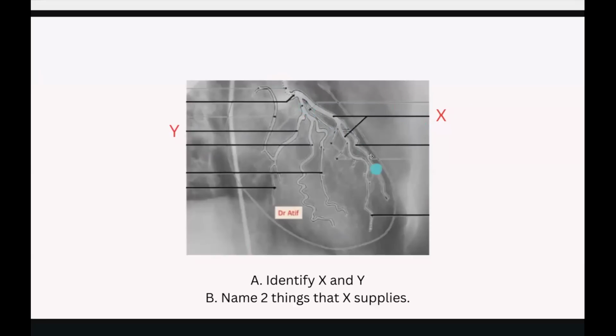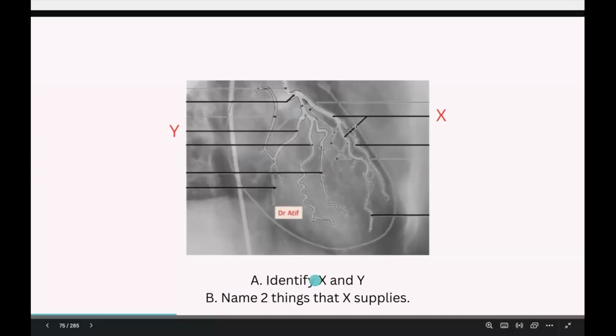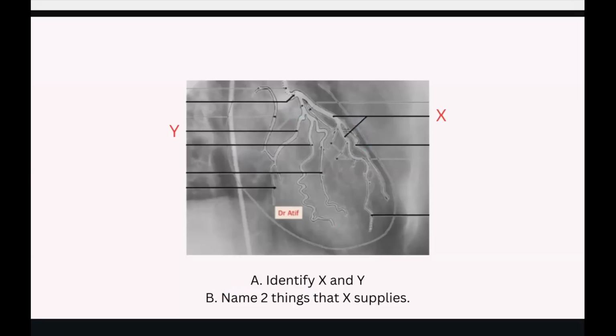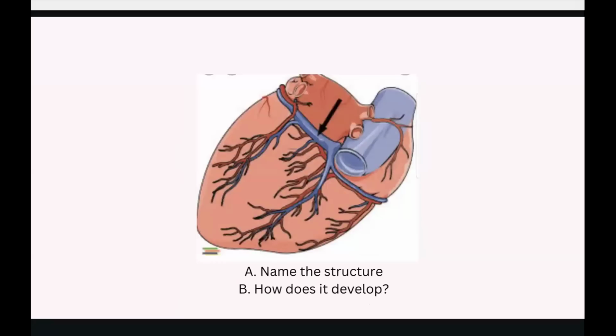Okay, so X is LAD, the left anterior descending, and Y is the left circumflex, because you can see that it's immediately branching, and the one going anteriorly is LAD, and the posterior branch, or the one going more posteriorly, is the left circumflex. Name two things that X supplies. We said LAD supplies the right ventricle and the left ventricle, because it's going all the way down here, so it's supplying both of them. And then it also supplies the anterior 2/3 of the interventricular septum.